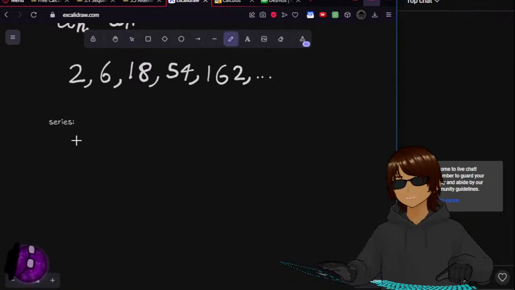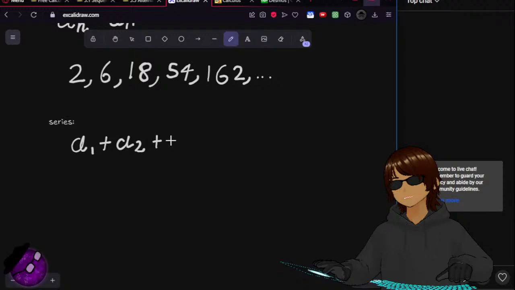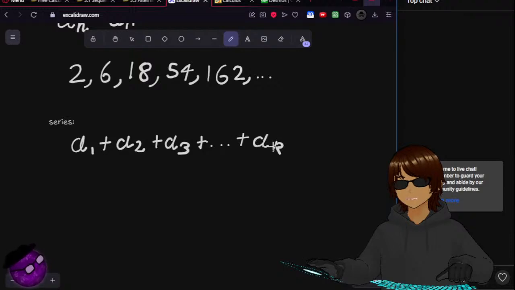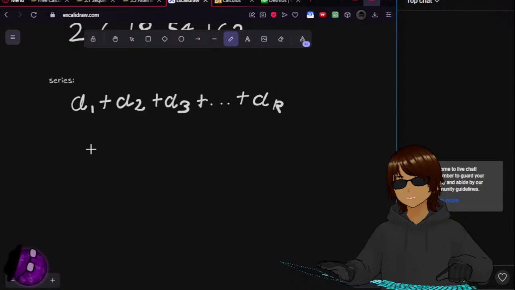So in a series, we have a1 plus a2. The terms are basically being added, plus a3 and plus a_n. Okay. So a series is represented like this.